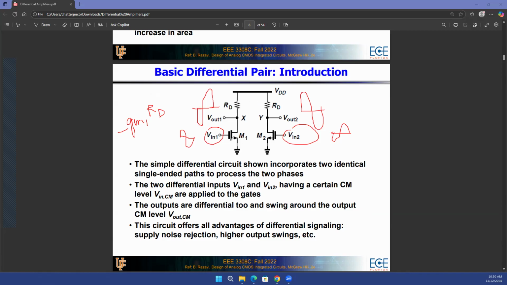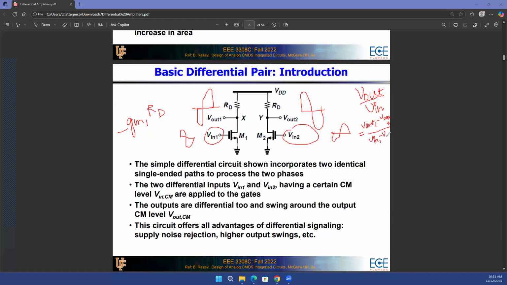So what is going to be the overall gain? The overall gain is going to be your V out overall divided by V in overall. So what is going to be the overall V out? That is going to be V out 1 minus V out 2. So if I just write that down, V out 1 minus V out 2 divided by V in 1 minus V in 2.